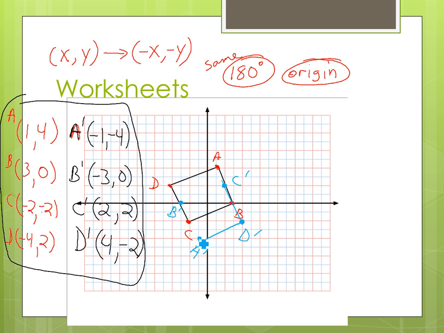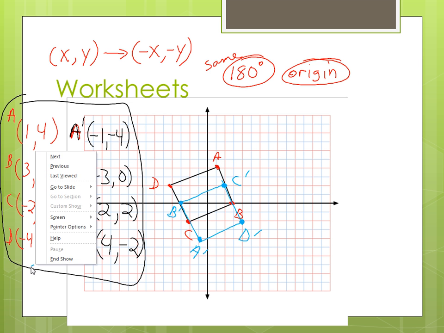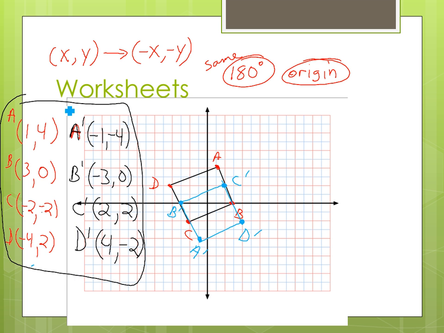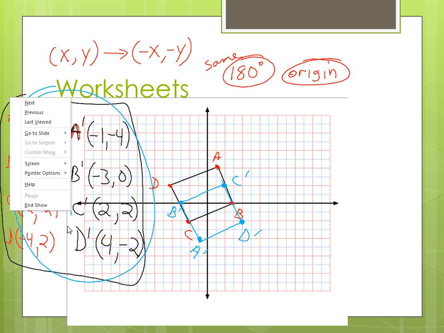So the blue shape here would be our rotation. We rotated it 180 degrees about the origin, and it didn't matter whether we went clockwise or counterclockwise. The thing you've got to remember, you've got to do the rules first before you try to do any of the graphing.